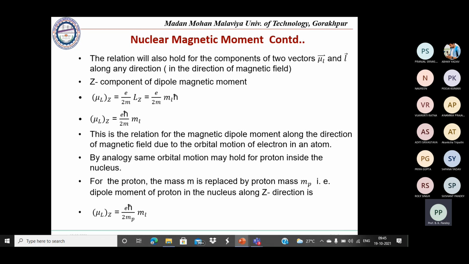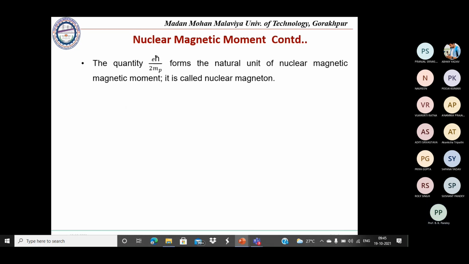So that is mu Lz, the Z component of this proton which is lying in the nucleus, that is equal to e h cut upon 2 mp, in place of me, what we were considering earlier, multiplied by ml.